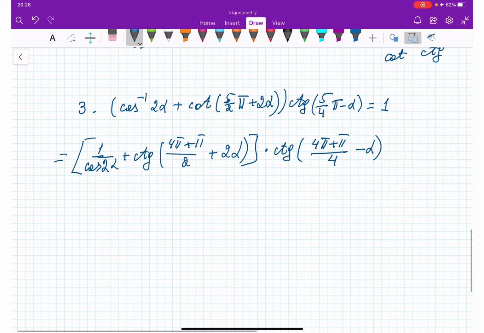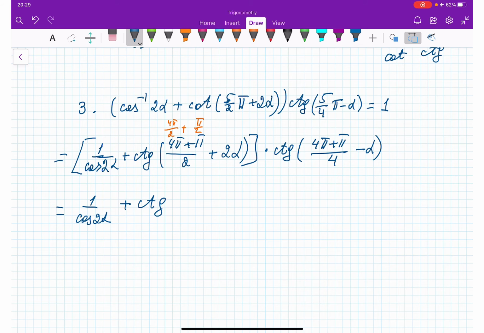So the result is we are getting 1 over cosine 2 alpha plus cotangent. So 4 pi plus half a pi, right here. 4 pi over 2 plus pi over 2, if I divide each one of them by 2.